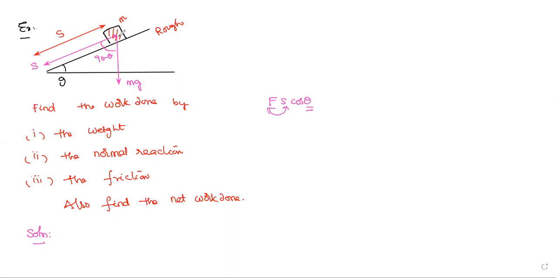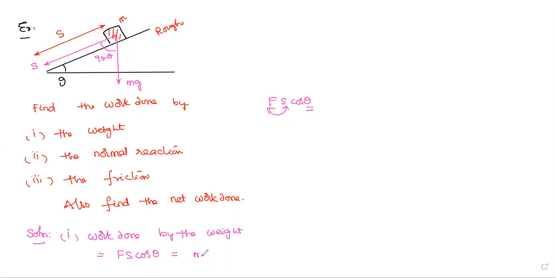Both originate from the same point, and the angle between force and displacement is 90 minus theta. Therefore, question number 1, work done by the weight, equals Fs cos theta, the original formula.